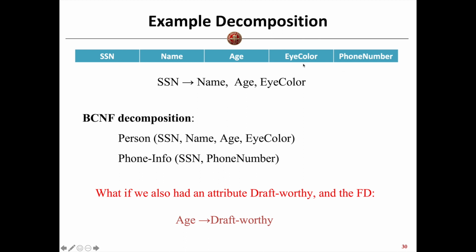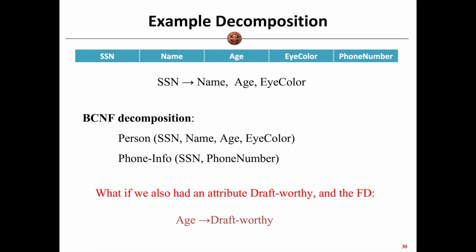Therefore, we can say SSN is not a super key for the relation. According to the definition of BC normal form, we can conclude this relation is not in the BC normal form because we can find one violating FD: SSN implies name, age, and eye color. At the same time, SSN is not a super key, right?